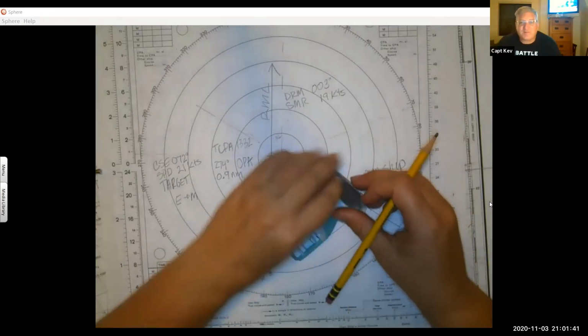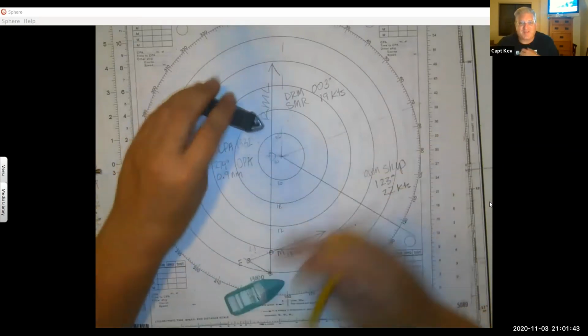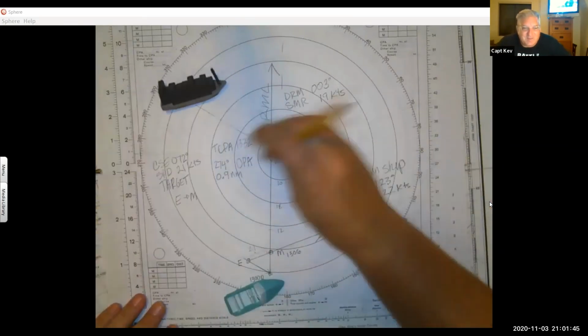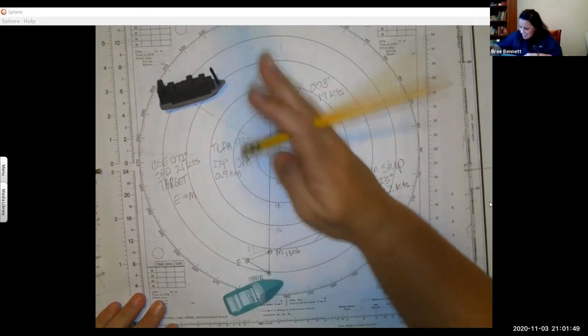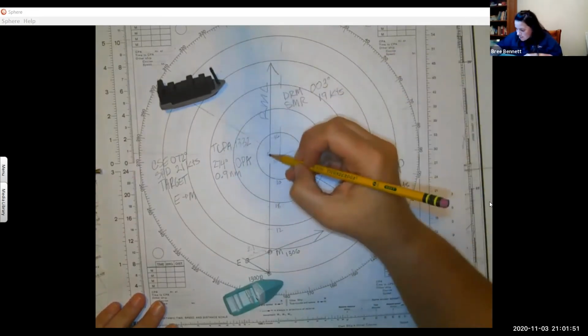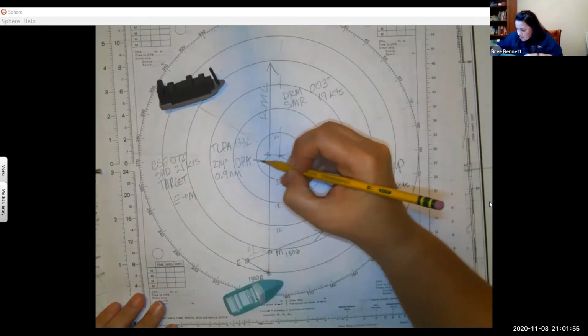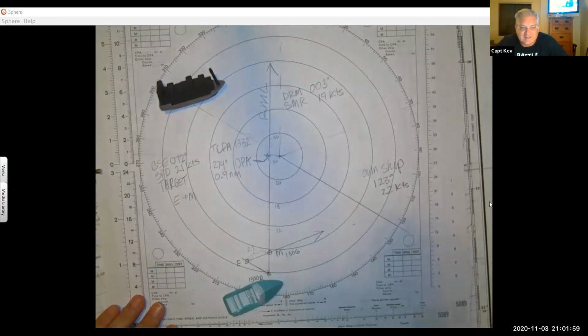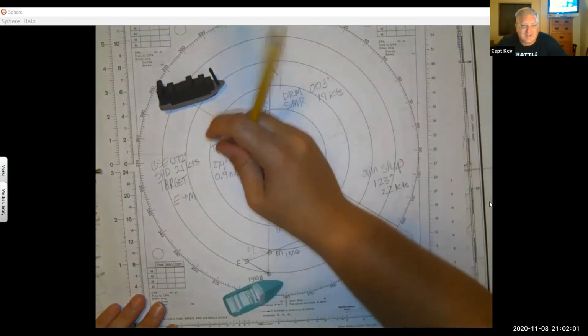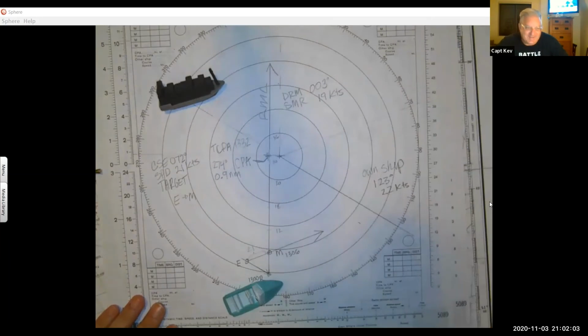Wait, where did the little circle up by the center come from? I completely missed that. That's my CPA. For some reason, I drew it as a circle. Ah, CPA.